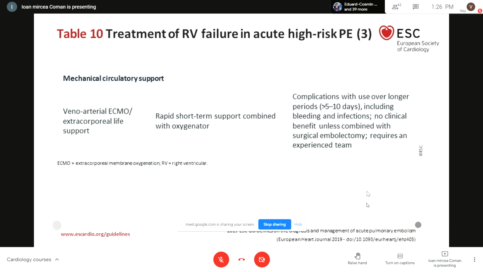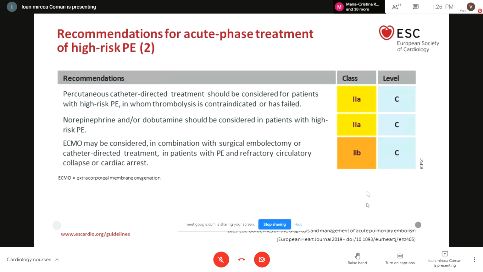And very rarely, when there is no effect of the classic medications, you can use extracorporeal life support with a veno-arterial ECMO, so you are bypassing the lungs for a while, getting external oxygenation of the blood, and allowing the patient to survive. Of course, you can use it only for a limited time.